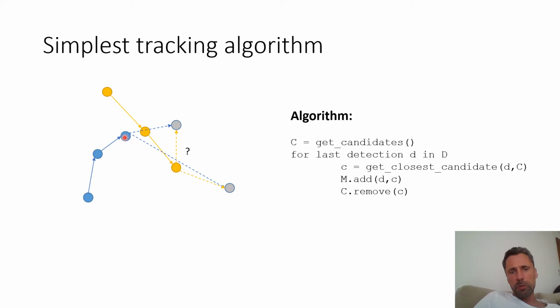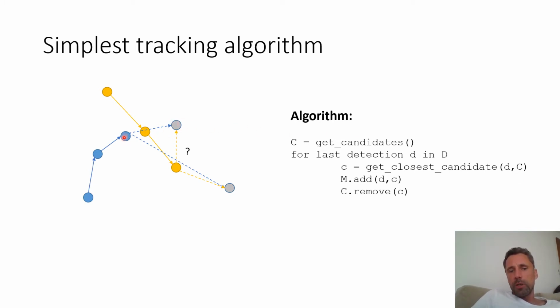So this would be these positions of yellow and blue. And then we just look at what the closest candidate is to D, right? And then this obviously relies on a definition of what close means. But let's think for now of just the Euclidean distance, okay?